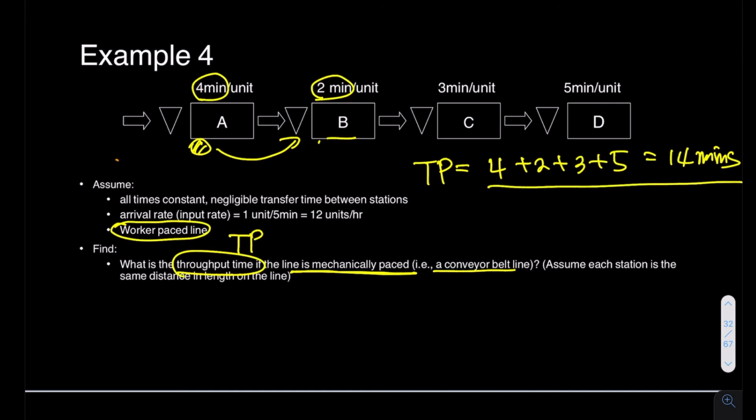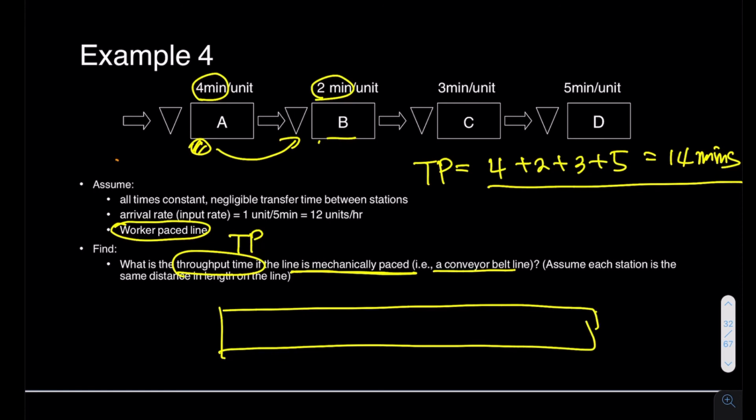But for this mechanically paced line, there is a conveyor belt line, and this line is moving at a constant speed, and we can say that there are four different sections allocated for each task. So let's say workers are standing there.